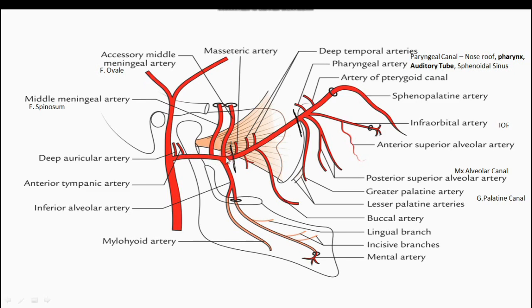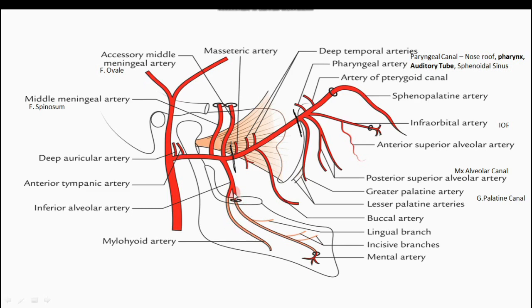So further, this artery gives another branch which moves downward and enters the mandibular foramen. Clear? This artery is the inferior alveolar artery. It passes deep inside the mandible, and further it gives off the mylohyoid artery, which supplies the mylohyoid muscle.